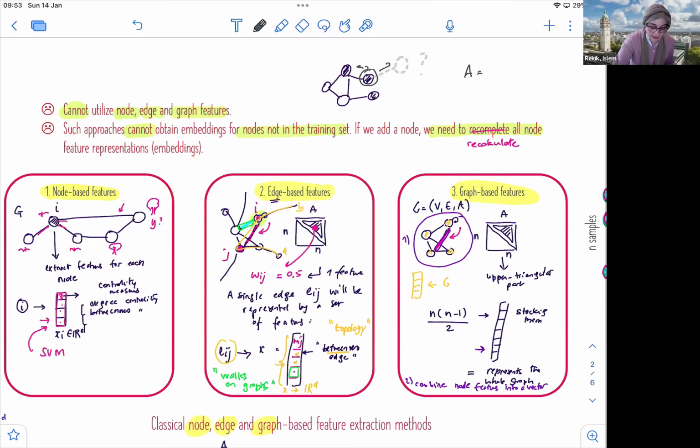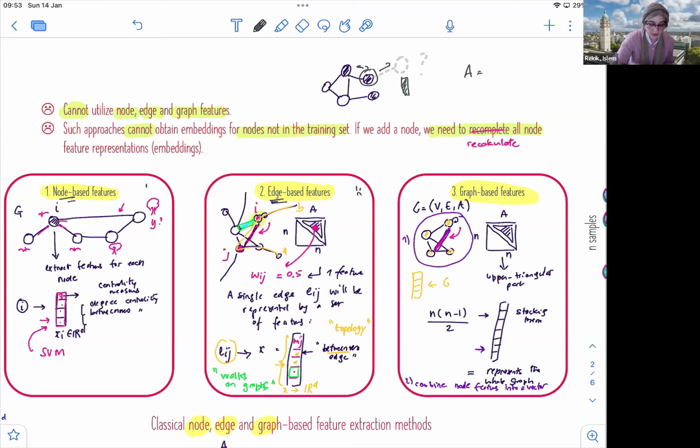So every time you add a node, all these features will change, the static features that we extracted, which is not good. It means that you need to recalculate and update all these features again. And these approaches do not allow you to easily extract these features again for an unknown node. So doing this for unknown nodes may not work.